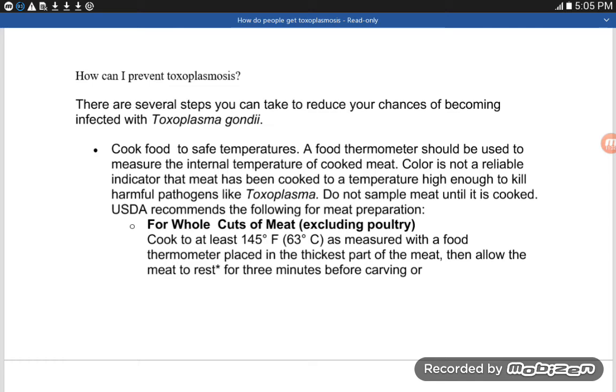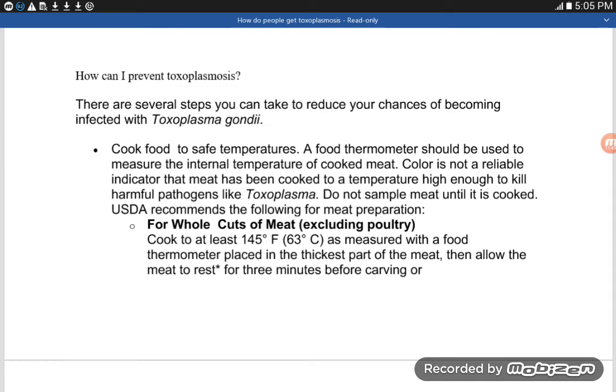If you want to prevent any disease, you should know the mode of transmission. In the previous slide we discussed the modes of transmission. There are 6 or 7 modes of transmission.